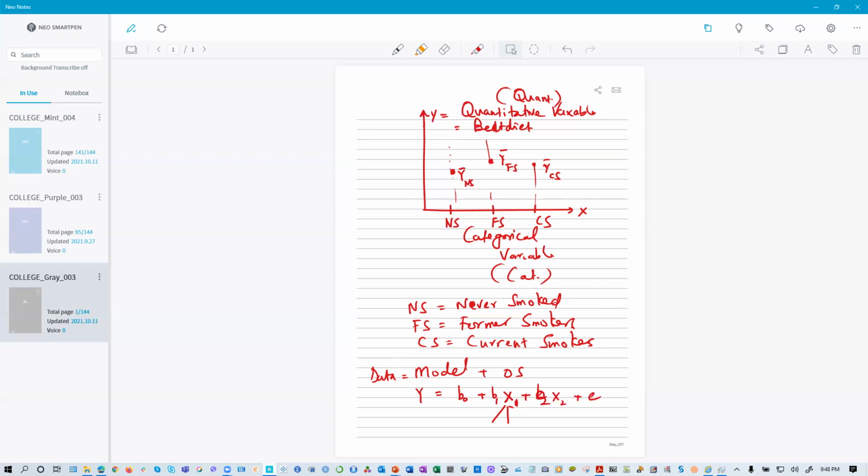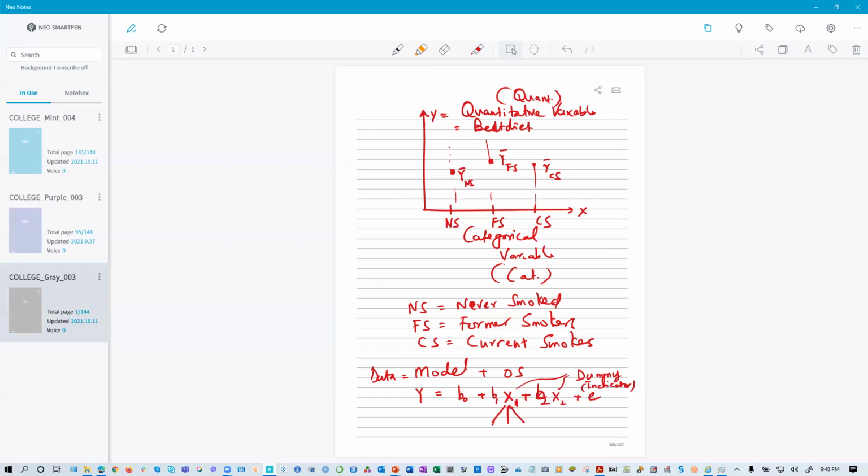So those are called the dummy variables. Dummy or indicator variables. They were used for the purpose of calculations only. They were not real variables. They don't represent anything at all. X1, X2, X3.